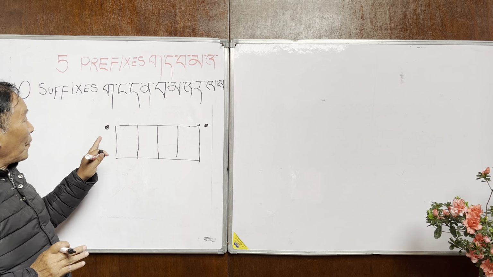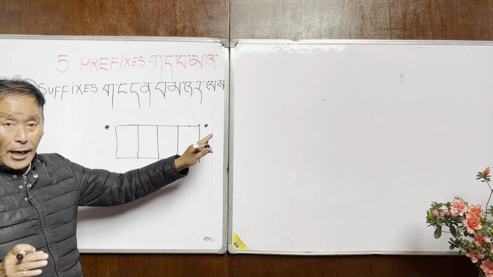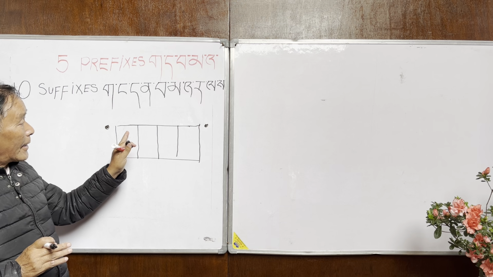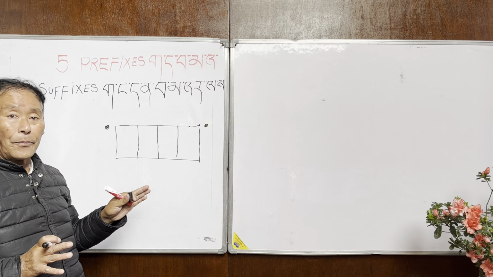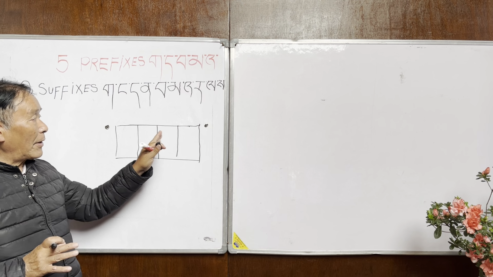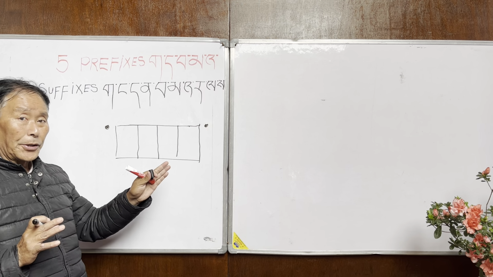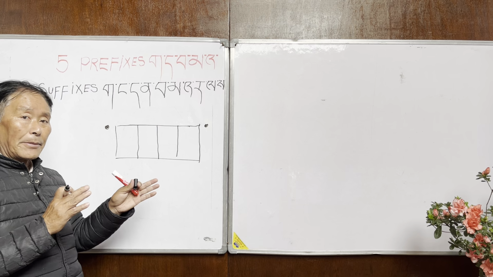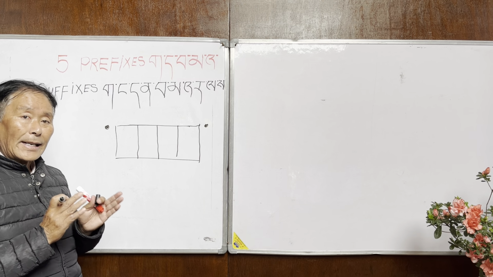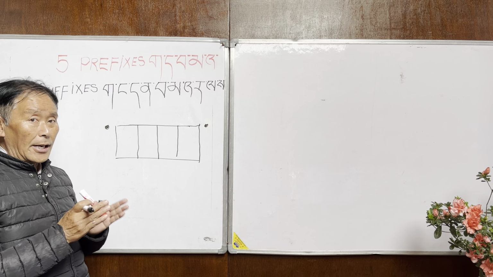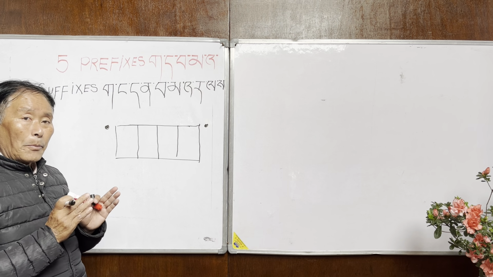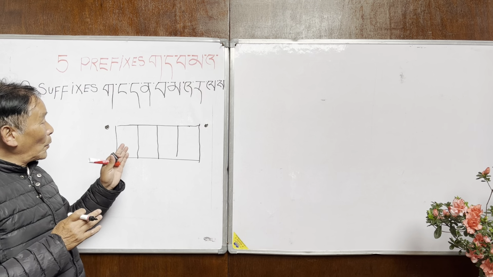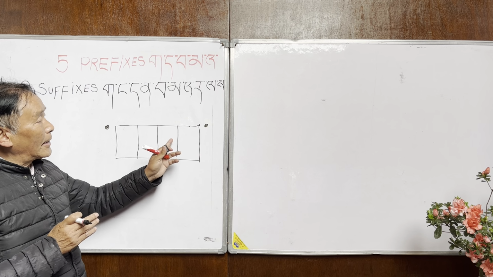We know that in between two dots there can be 4 letters at the most. Sometimes you will see only 1 letter between 2 dots, or 2 or 3, and at the most you will see 4 letters.